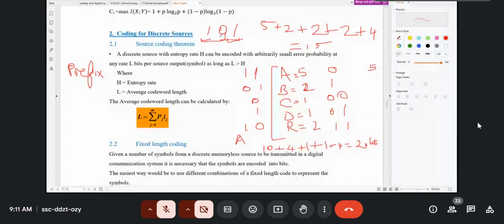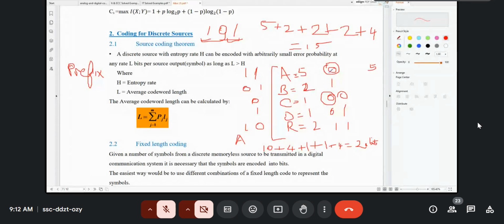And what we say is our code has to be prefix free. Prefix free would mean you can't do this, because the moment you use 0, then 00, this A becomes a prefix of C, because this 0 is A. So that already makes it not a prefix free code.